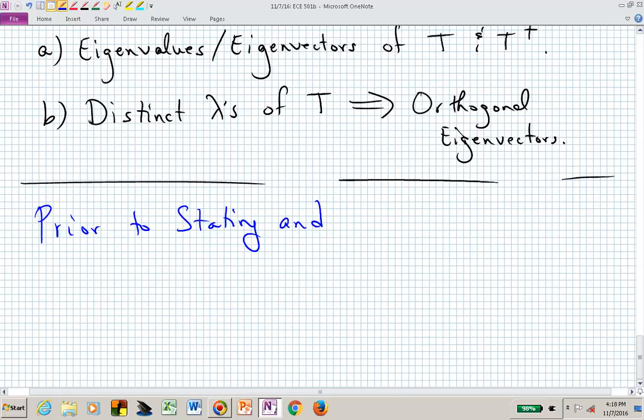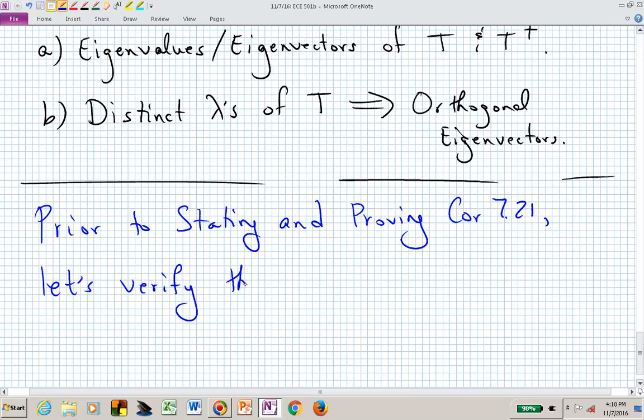Prior to stating and proving corollary 21 in chapter 7, let's verify the following lemma.